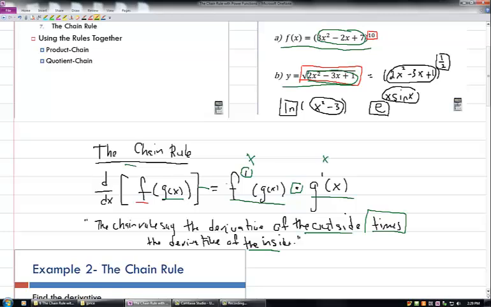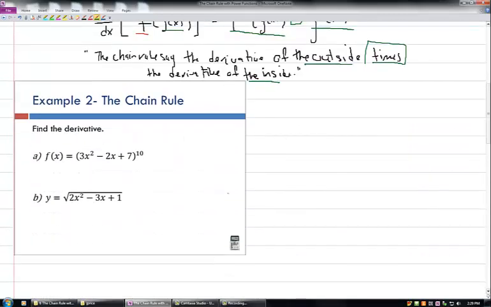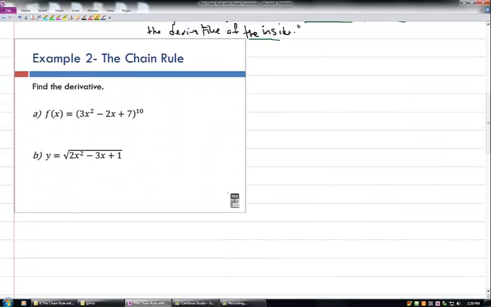Let's take a look at an example of how this works. So in example 2, we want to use the chain rule to find the derivative. Now notice these are the same functions we just did above when we identified outside versus inside. On part A, first I'm going to identify the inside piece. So here's my inside function. And then I'll identify my outside function, so to the 10th power.